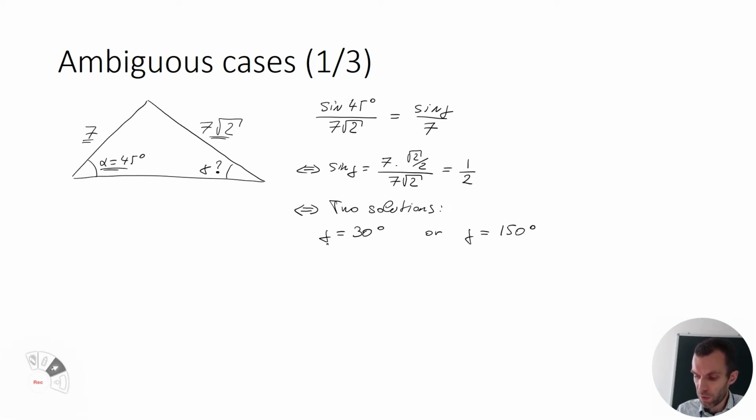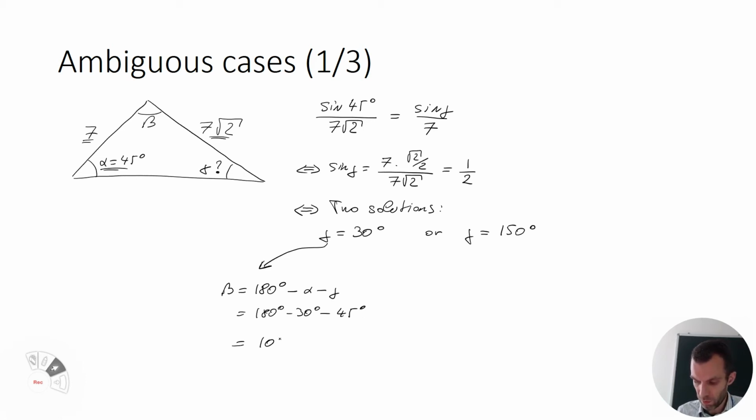Let's start with gamma equal to 30. If gamma is equal to 30, let's compute the value for beta. The angle beta is going to be 180 degrees minus alpha minus gamma. So that's 180 degrees minus 30 minus 45, or the other way around.